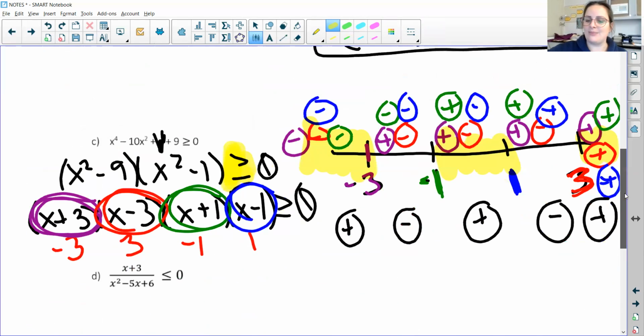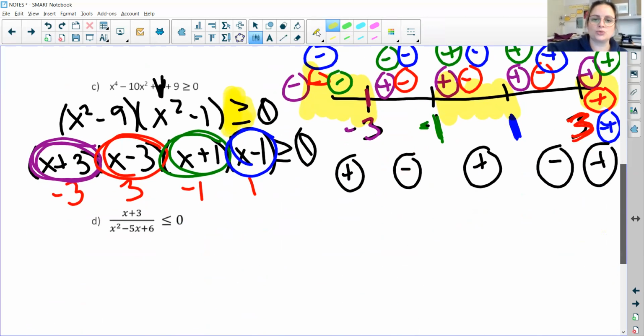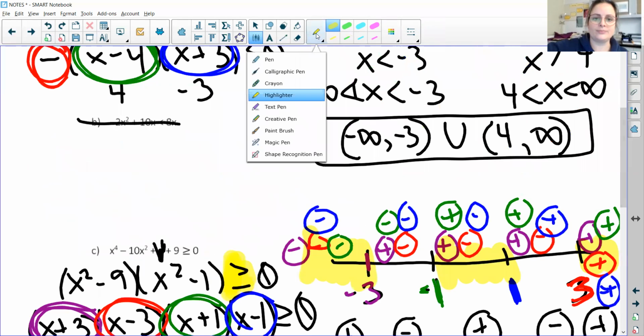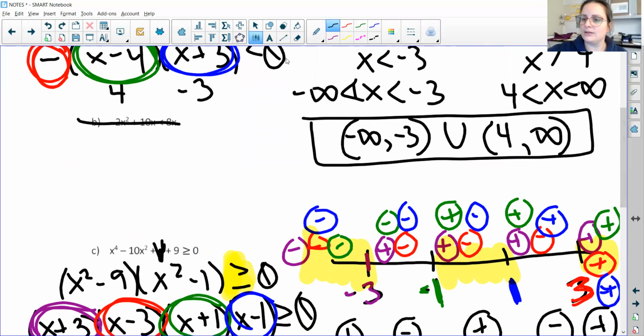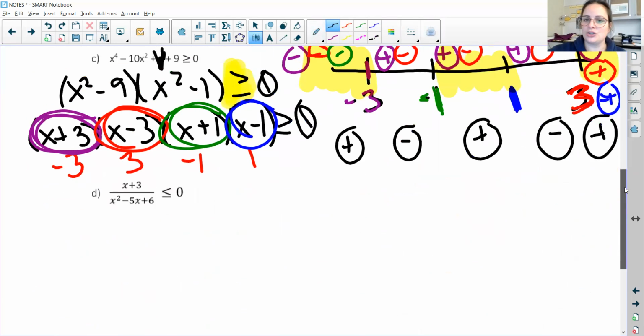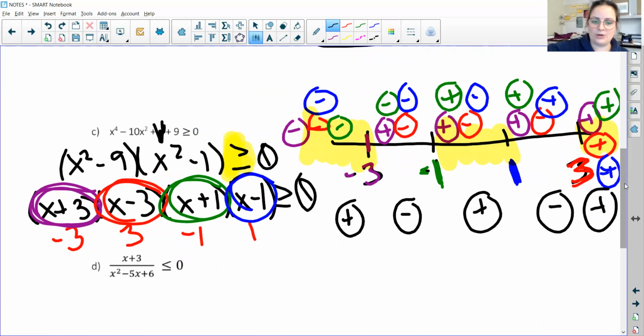So to say that in math speech, we have this section here where x was from -infinity to -3. It can't actually be equal to -infinity. I shouldn't have written that.